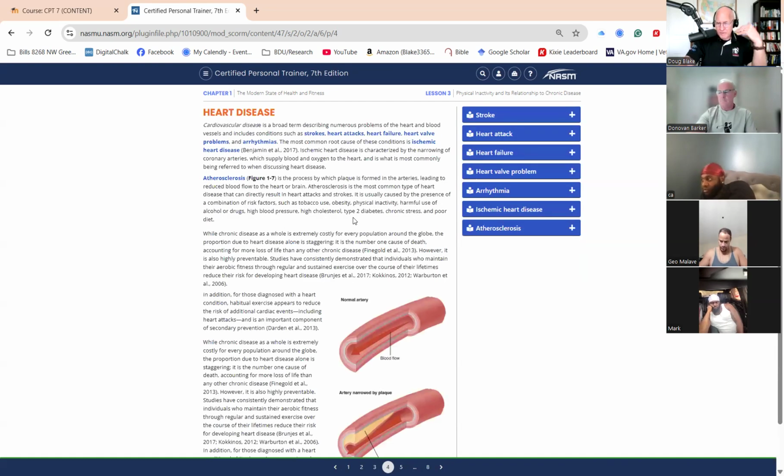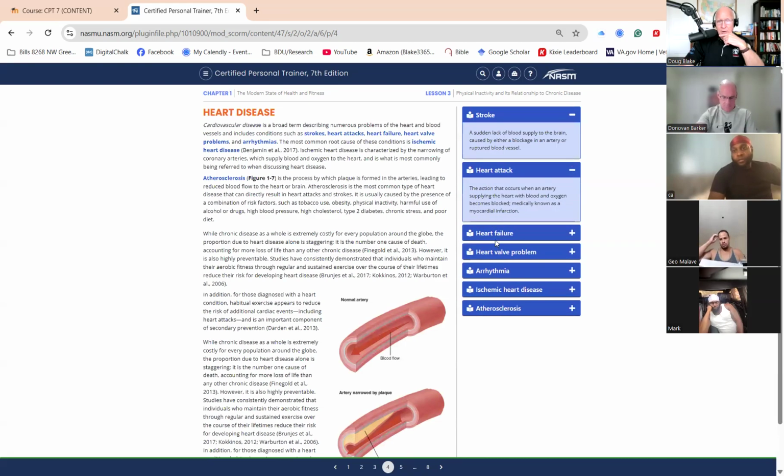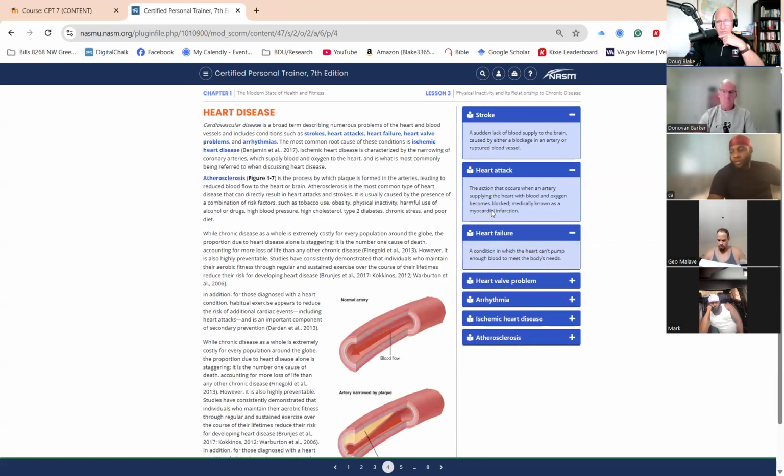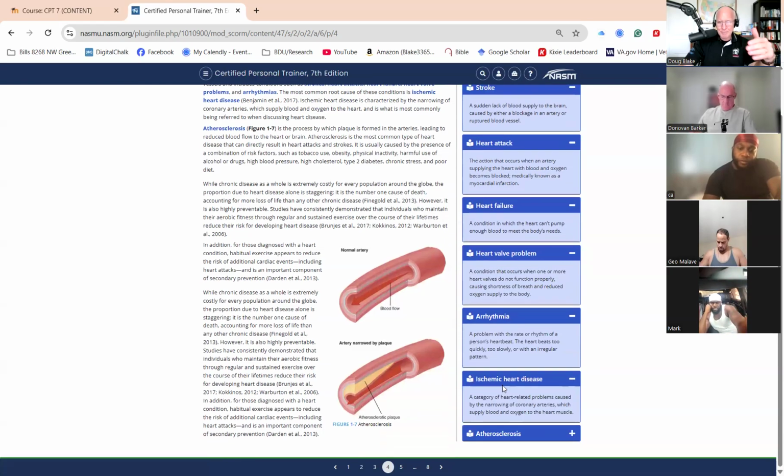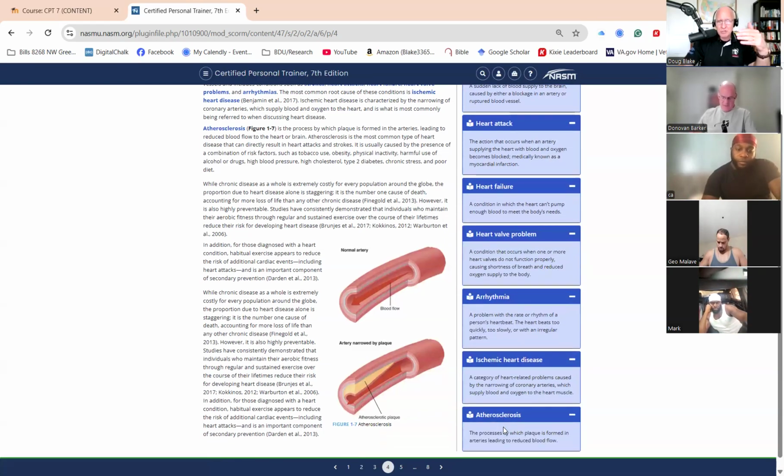What do we have? Give me the technique now, guys. What do we do first? We look over to the right and we look at our definitions. Does everybody know what a stroke is? Does everybody know what a heart attack is? Everybody know what heart failure, heart valve issues, arrhythmias, ischemic heart disease, arterial sclerosis are? Y'all got that?